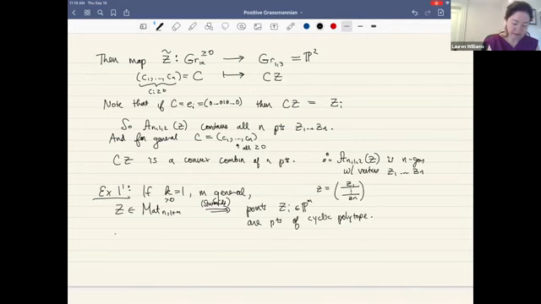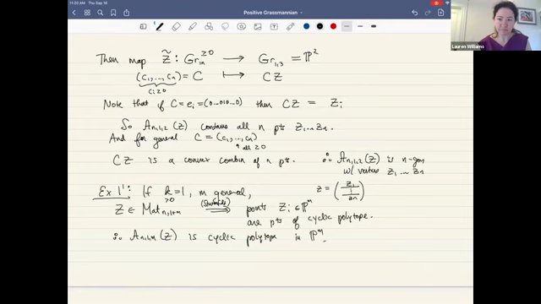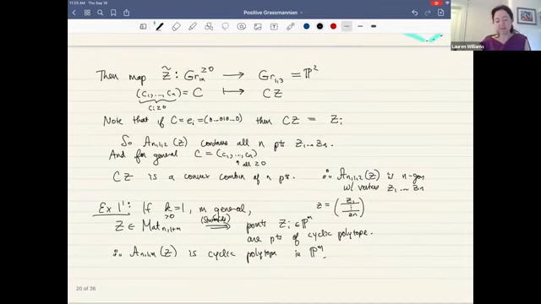So again, the positivity of the maximal minors implies this, viewing the Zi as elements of projective space. And so by basically the same argument that I gave before, the amplituhedron is a cyclic polytope in projective space. Okay, so this is what happens when we study the amplituhedron with k equals 1.